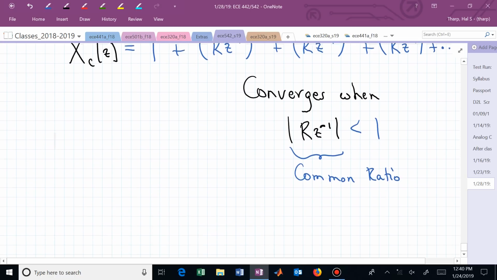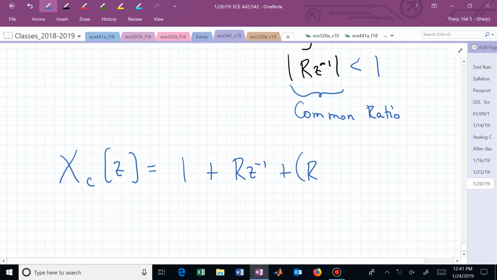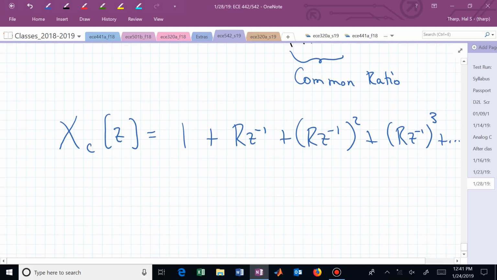And if that's true, now we can start using our strategy to find a closed form expression for capital X sub c of z. This is now 1 plus r z to the minus 1 plus r z to the minus 1 squared. Well, that's a big 1. Plus r z to the minus 1 cubed, etc. Well, now we can just get something with the same tail.